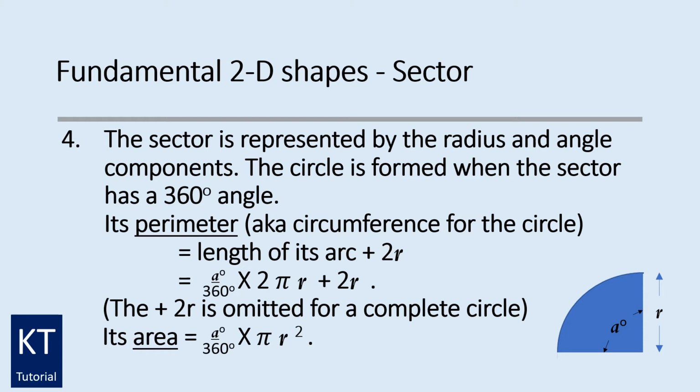The perimeter of the sector is the sum of the length of its arc and its two radii, with the length of the arc being the ratio of its angle component and 360 with respect to the formula 2 pi r. And the area of a sector is the ratio of its angle component and 360 with respect to the formula pi r squared.